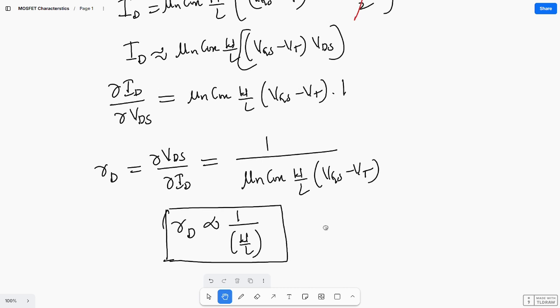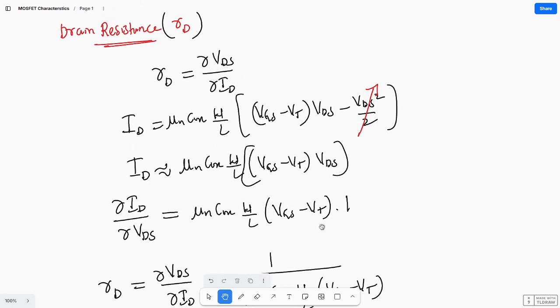So this is about this session, and in the next class we will see enhancement PMOS and depletion MOSFET. If you understand one MOSFET, the remaining PMOSFET working is the same, just vice versa. In enhancement NMOS you give a positive gate voltage; in enhancement PMOS you give a negative gate voltage.